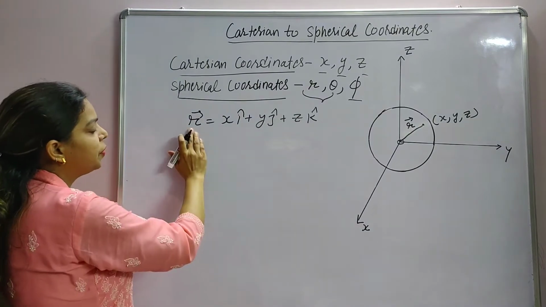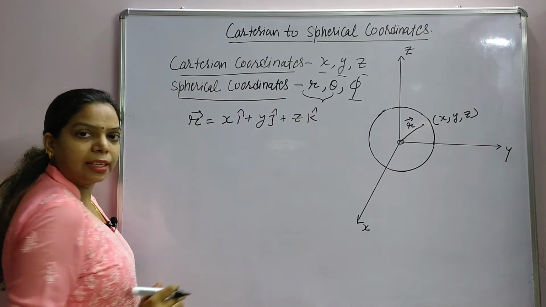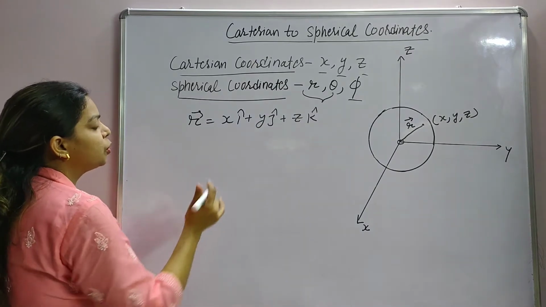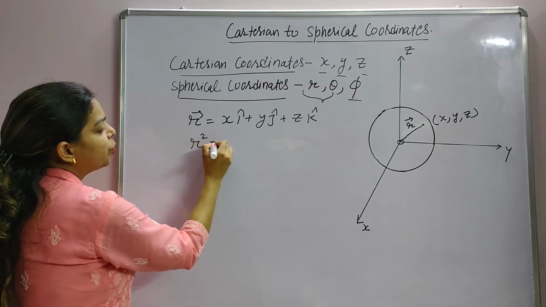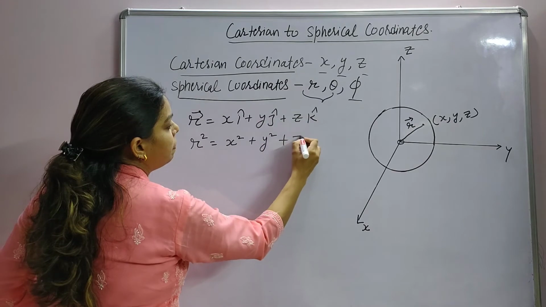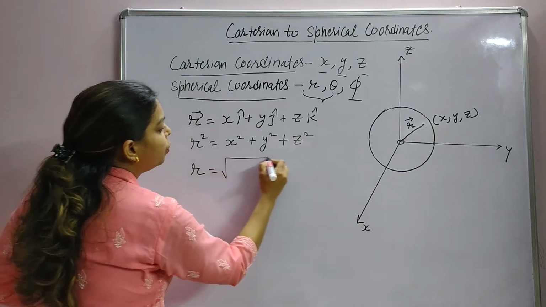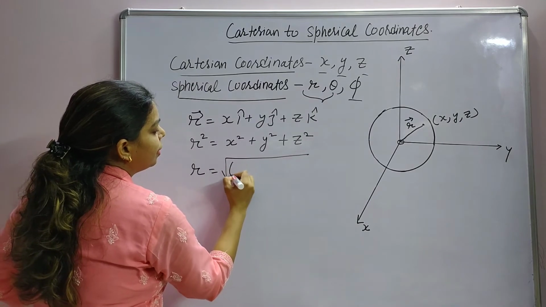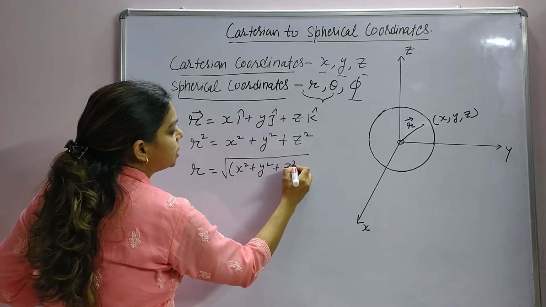This is the relation between the position vector and x, y and z, the Cartesian coordinates. If I take the magnitude of r, this becomes r square is equal to x square plus y square plus z square, or r is equal to the root of x square plus y square plus z square.